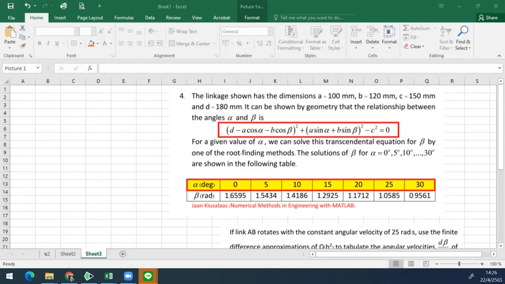That is, beta for the case of angle equal to 0 degrees is determined by the following table, depending on the angle alpha. From alpha we can determine beta that is compatible with the constraint equation above. Then I will show you how to determine the angle beta.